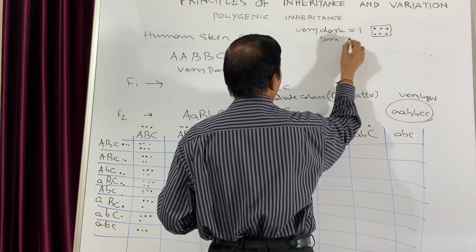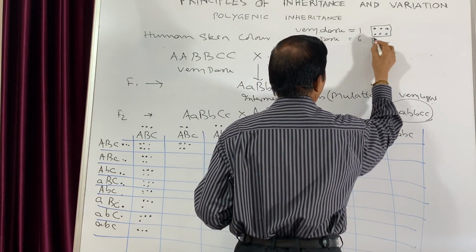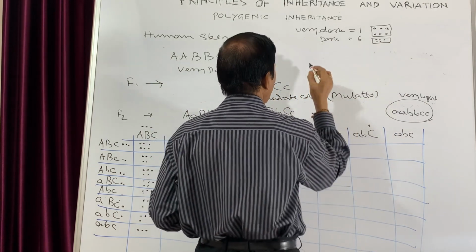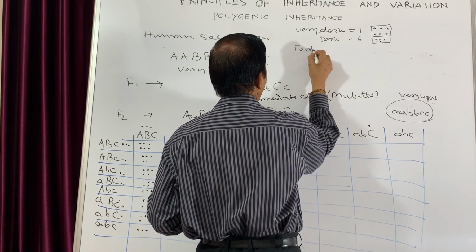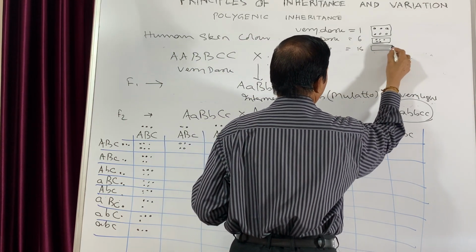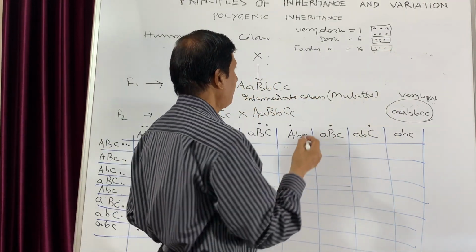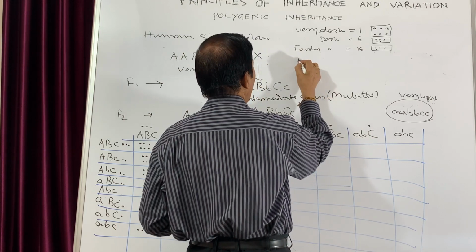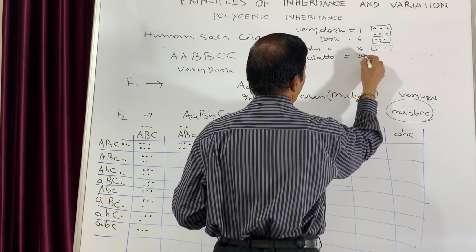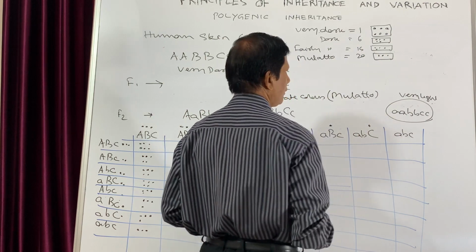How many will we get? We will get 6, where there will be 5 dominant genes. Then we will get fairly dark, and we will get 15, where there will be 4 dominant genes. Then the intermediate type, mulatto or intermediate type. Here we will get 20, and here there are only 3 dominant genes.